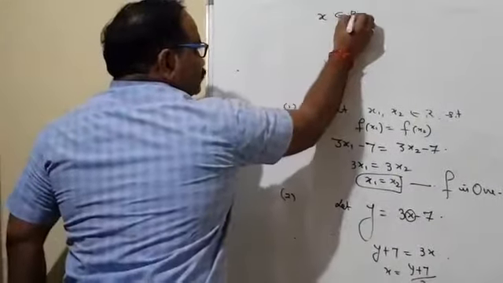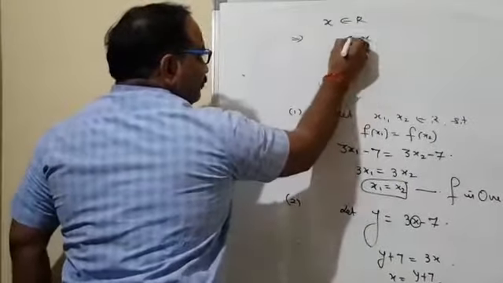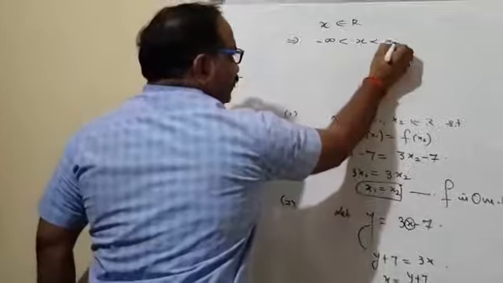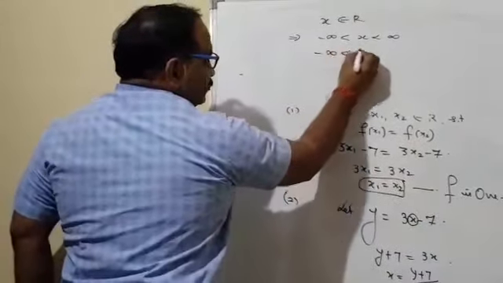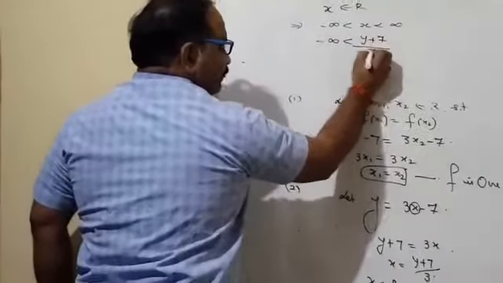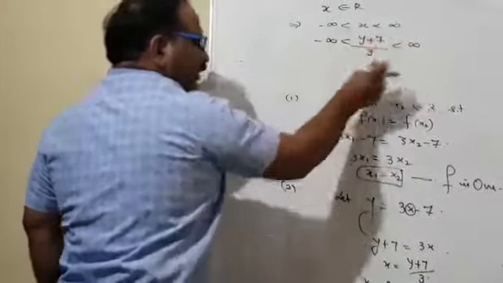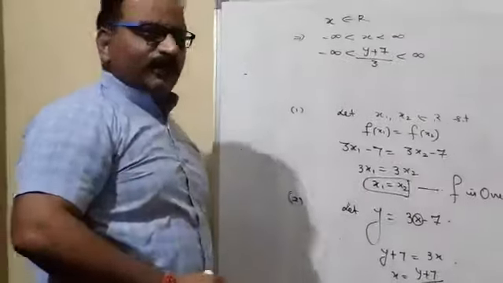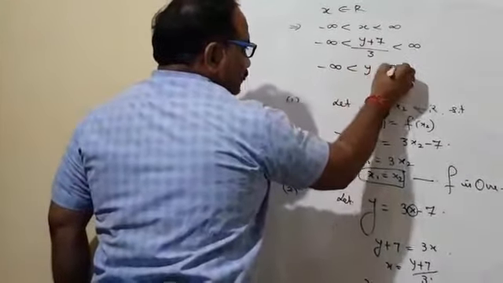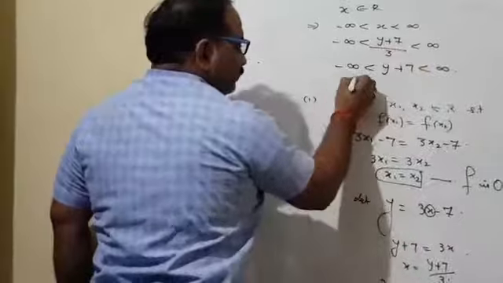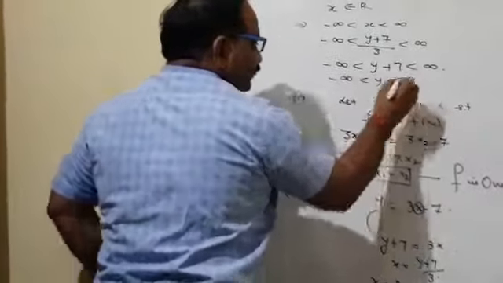So x belongs to the real numbers, which can be written as minus infinity to infinity. In place of x, I should place that value. That means to say, minus infinity less than (y plus 7) by 3 less than infinity. I should simplify that and get the value of y. So 3 should be multiplied: minus infinity less than y plus 7 less than infinity, so minus infinity less than y less than infinity.